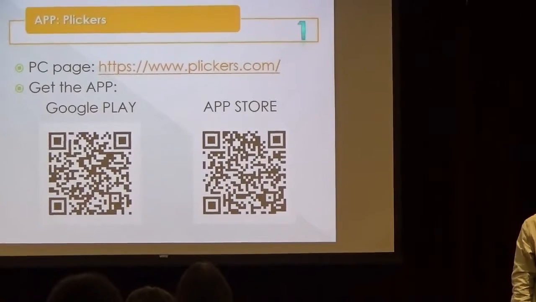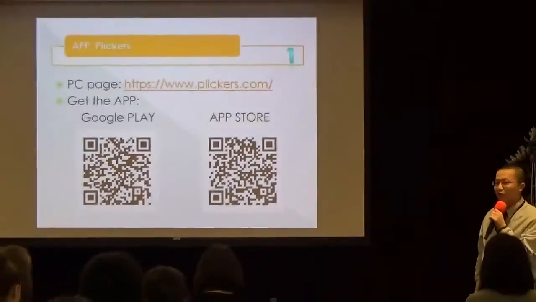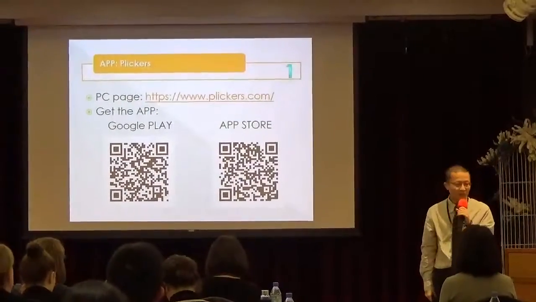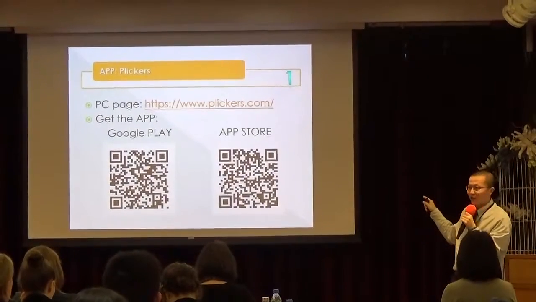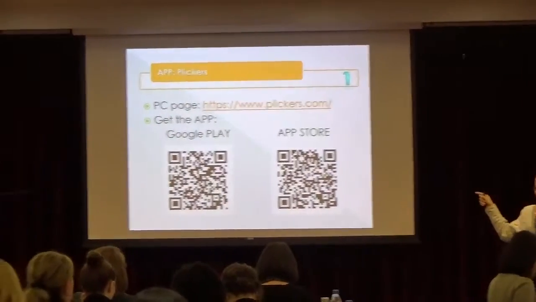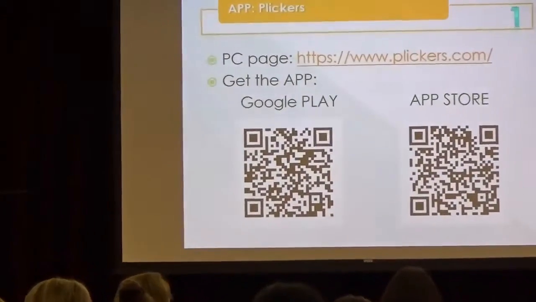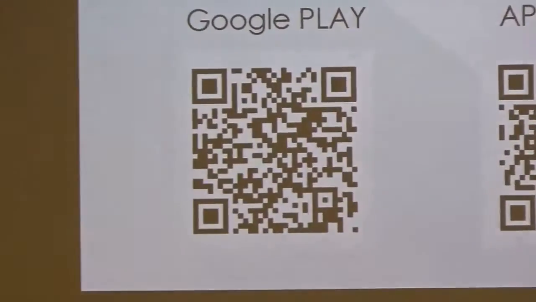Okay, the second part is I'm going to show you how you can create with the Clickers app. If you have your smartphone, you can scan the QR code here, and it will lead you to the App Store where you can find the app. And I will stop here for about 10 seconds. 10, 9.